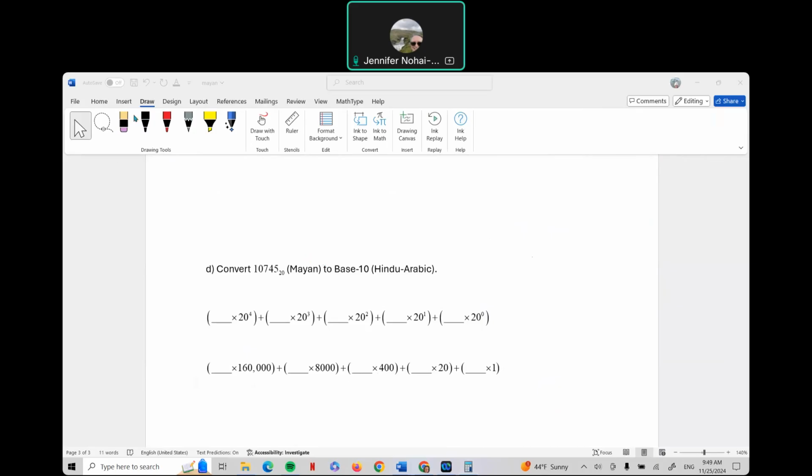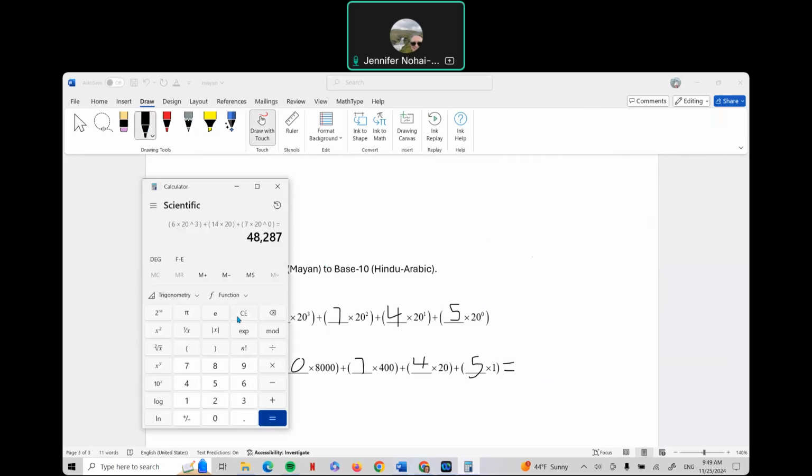And so we're just going to take those numbers from above, 10745, and place them below in our spaces. And this time I'm going to use the bottom line to switch things up.